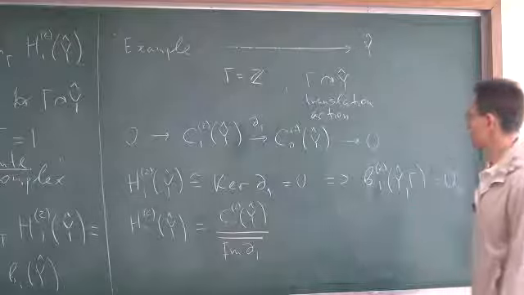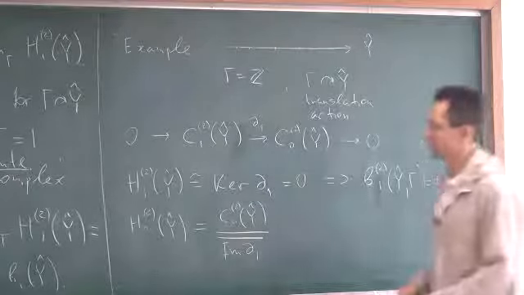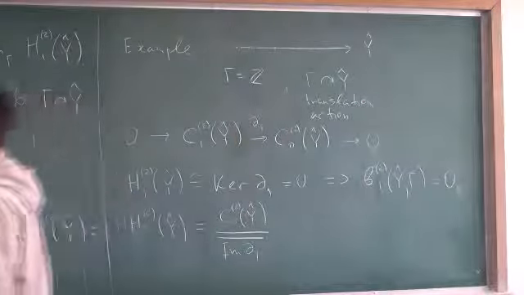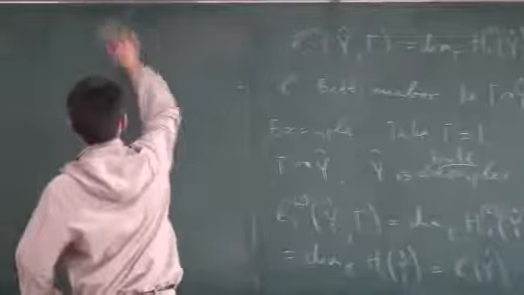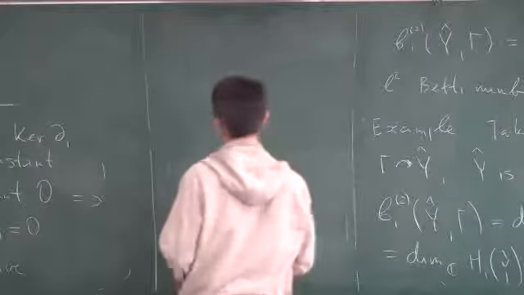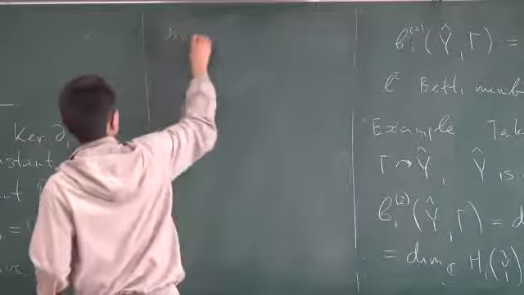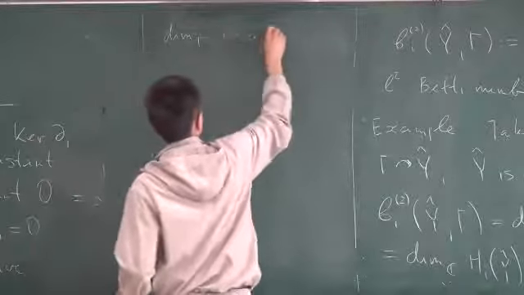Or you could argue by dimension. Before we do this, let me mention a general property of dimension: dimension gamma is additive.